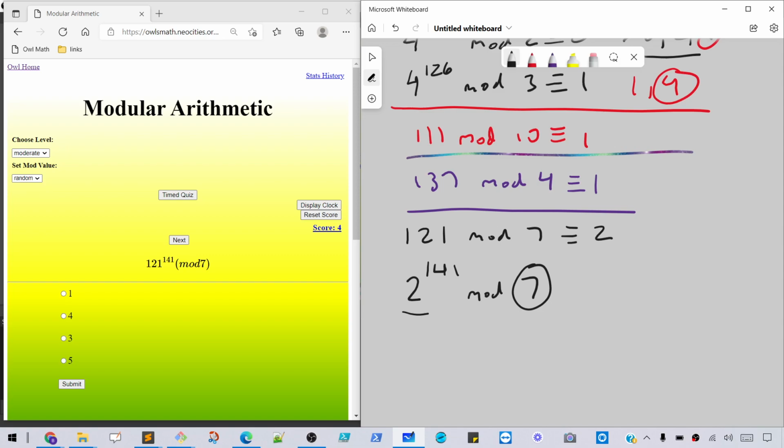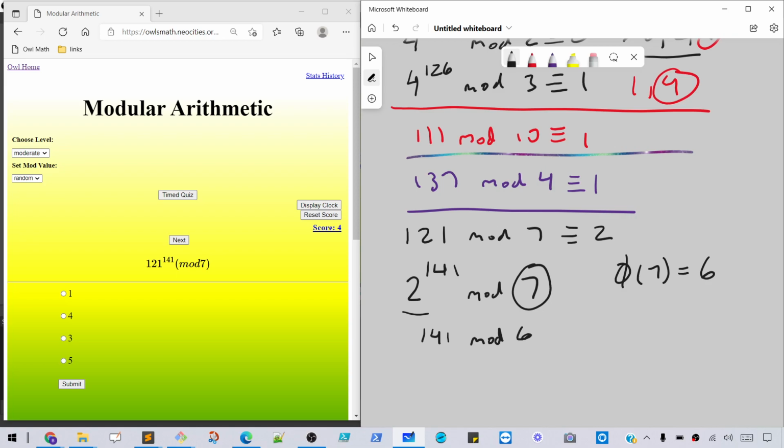What this means is we can take this 141 and look at 141 mod 6, which is the totient of 7. The totient of 7 is 6.